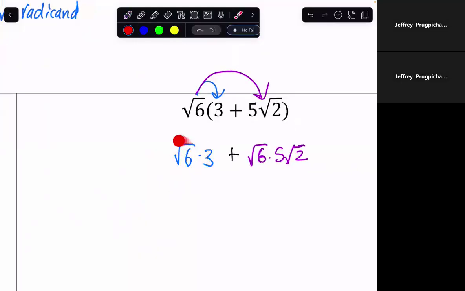So this first one, radical 6 times 3. It's not radical 3, it's just 3. So when you multiply the coefficients, you've got invisible 1 times 3 is 3. And this radical 6 has nothing to multiply with, so it just stays how it is.